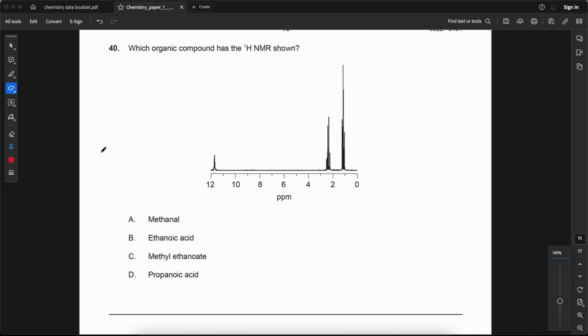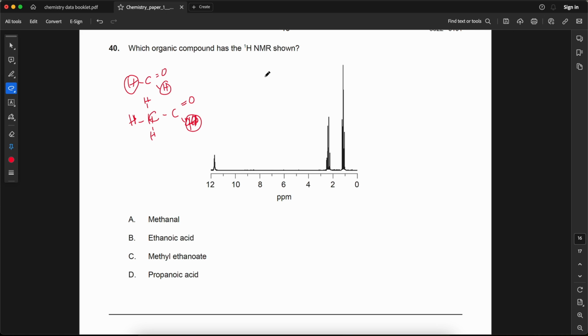Which organic compound has the NMR shown? So it has 3 peaks. Let's say we draw methanol. It has 2 peaks only. And for ethanoic acid, OH, again 2 H environments, 2 peaks.